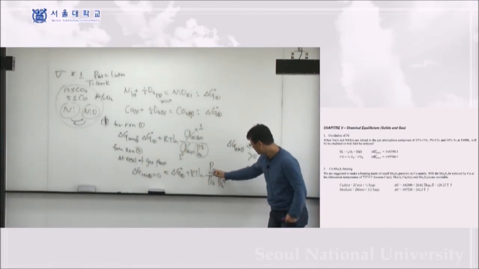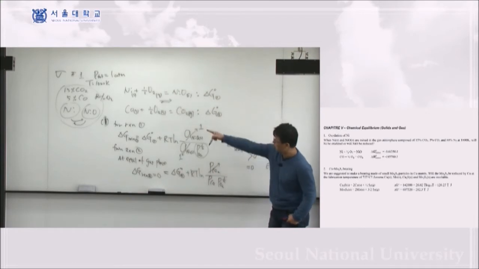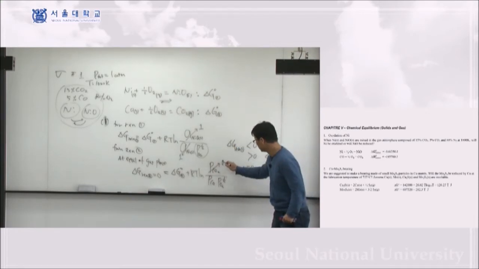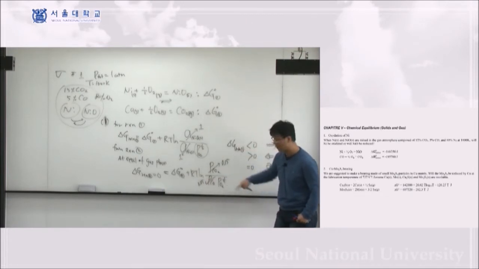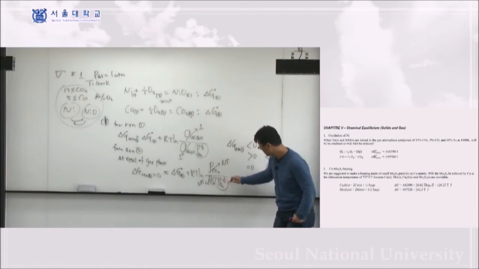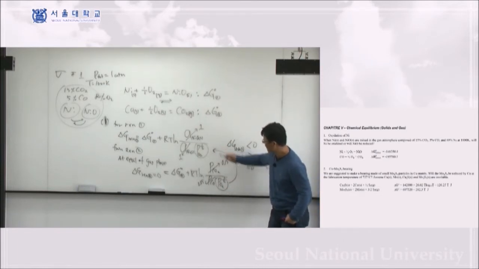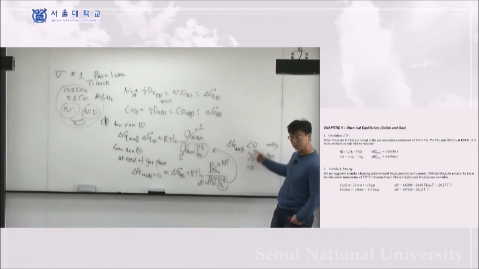Then this will be just the mole fraction of CO2, which is 0.15, and this is 0.05, and then you can get the partial pressures of CO2 and CO in the gas phase. Then you enter this here and check whether this is a positive value, a negative value, or 0.